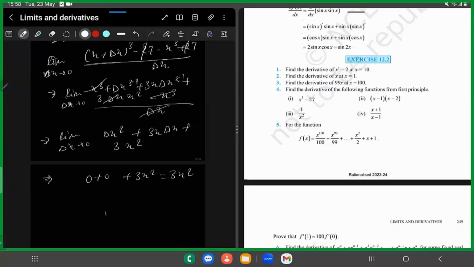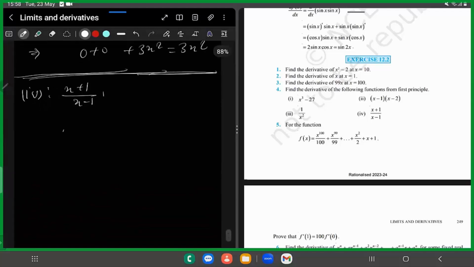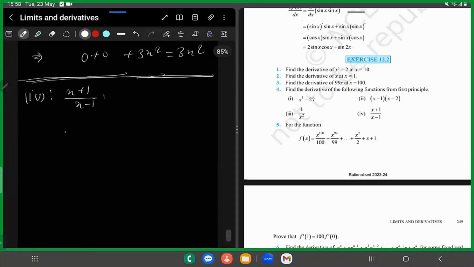Okay, so this is about this question, and if we see the fourth part, because that is a more general form of all of the above parts. So the fourth part is x plus 1 by x minus 1. Again we'll be doing the same thing, that is f of x plus delta x minus f of x by delta x.